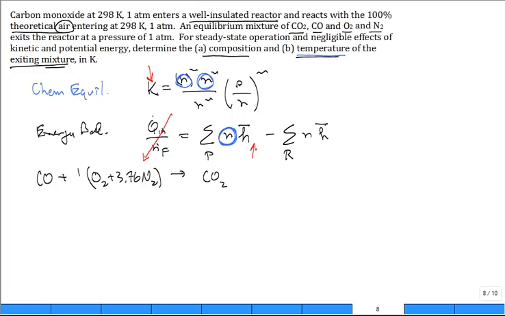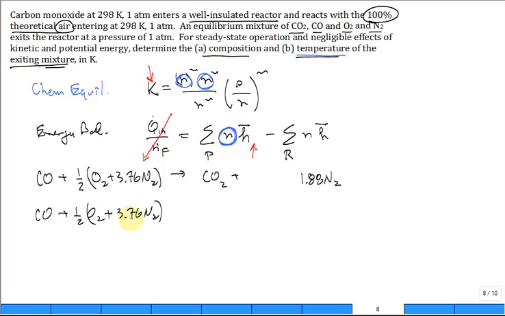It looks like we need only 1/2 O2. Is that true? And then we finish it out by 1.88 N2s. True? But it's 100% air, so we're going to leave the left-hand side alone: CO plus 1/2 O2 plus 3.76 N2.